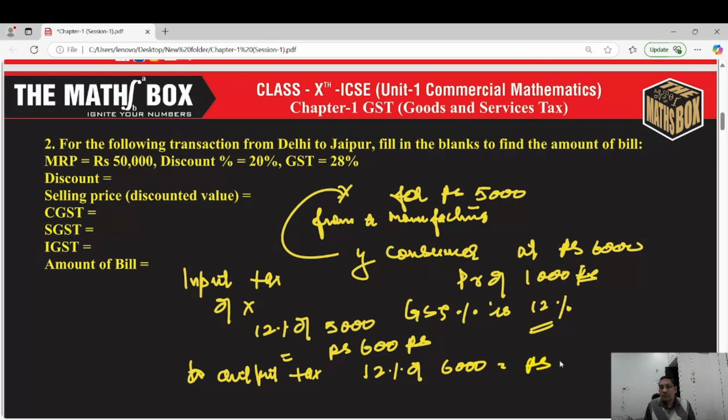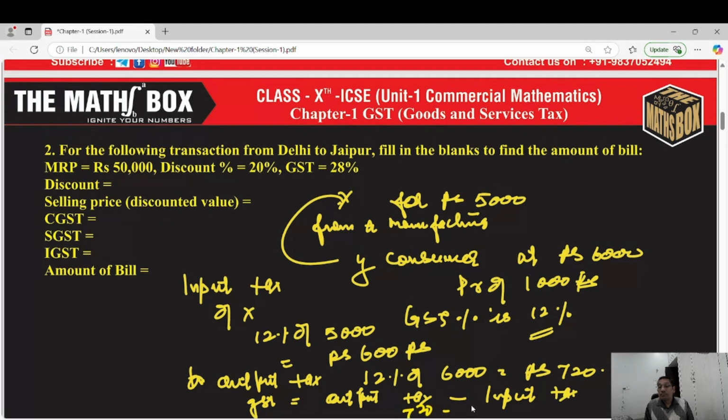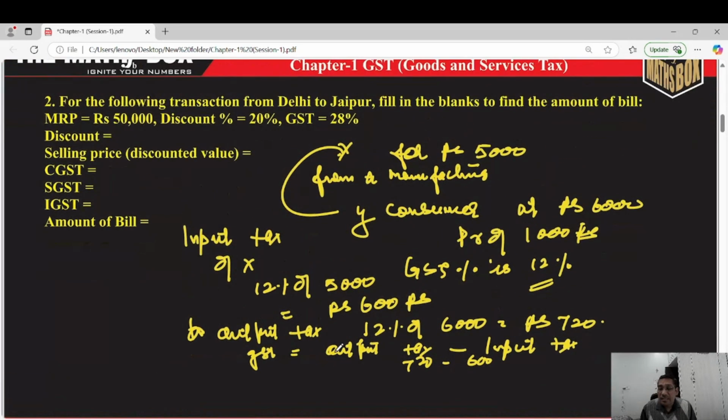That comes out to be 720 rupees. So GST is 720 minus 600, and that would give you 120 rupees. As you can see, 120 is the GST paid by X.